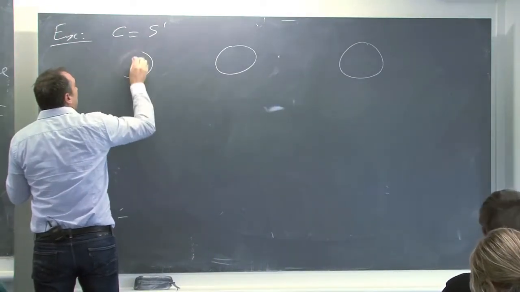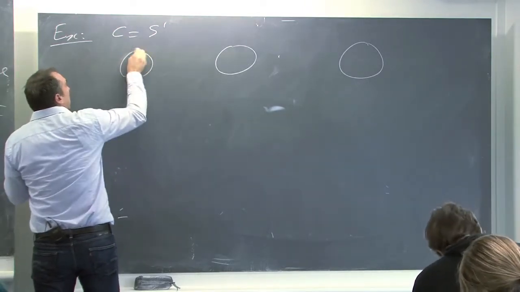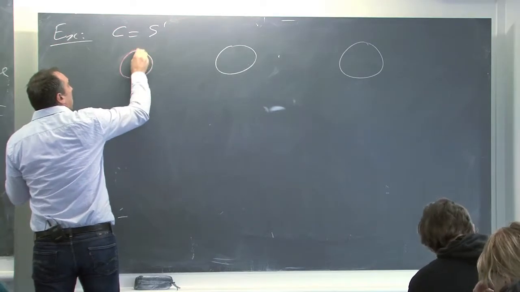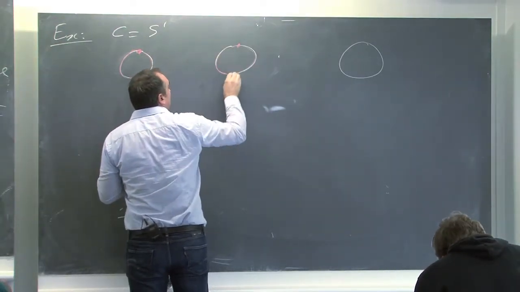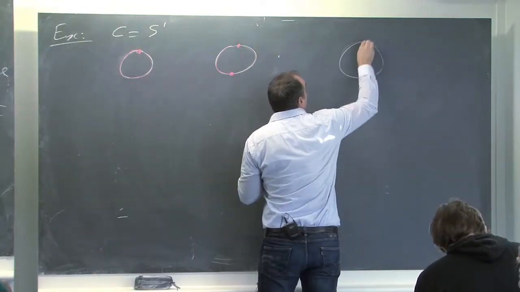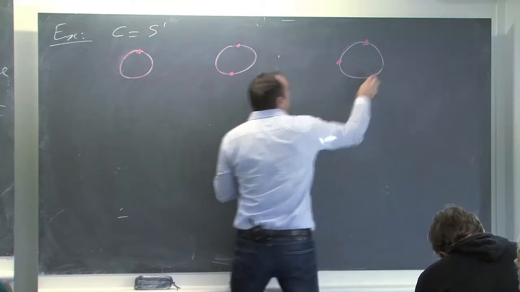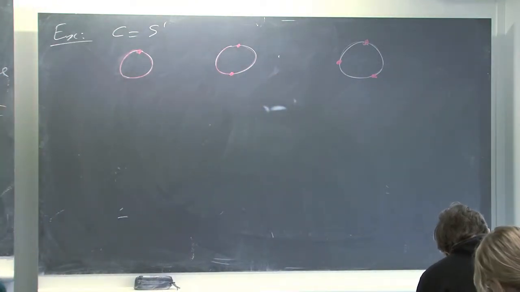So I can do this. I can do this. I know. So what do you think? Is the first a triangulation of the circle?